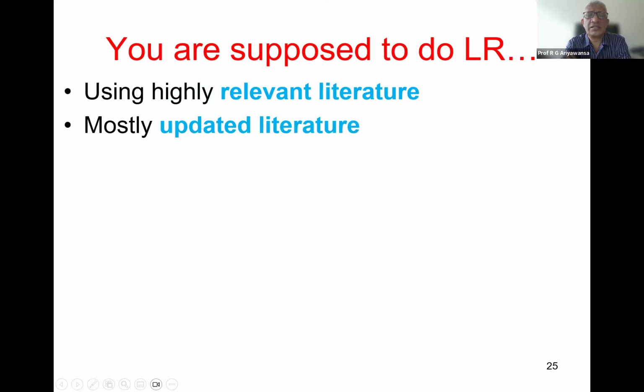The most updated literature means recently published, addressing the latest situations, latest happenings, procedures, occurrences, the shapes of issues. So that is most updated.